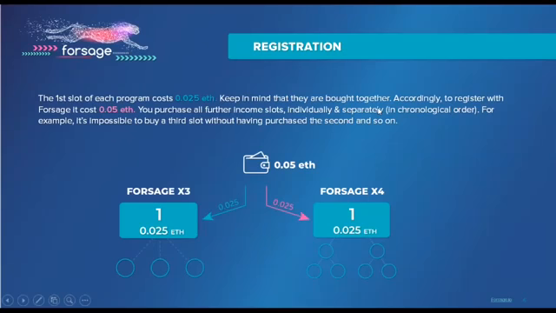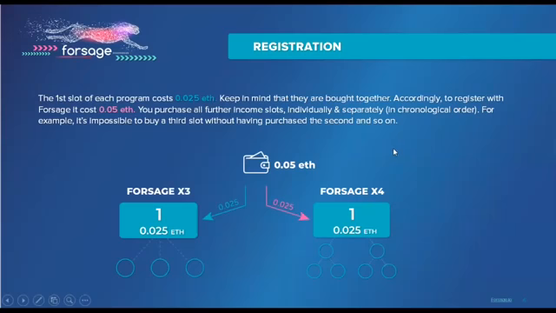Sometimes there is confusion about thinking you can spend 0.05 for income slot 2. It will only open up the particular program that you're in. Individually it will open up for X3, and individually it would open up for X4. I'll show a diagram of that in a second, so people understand.